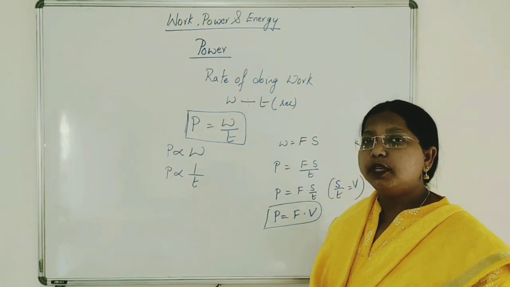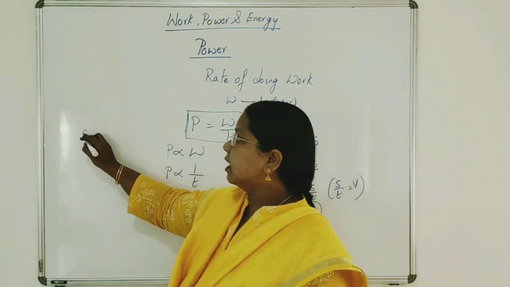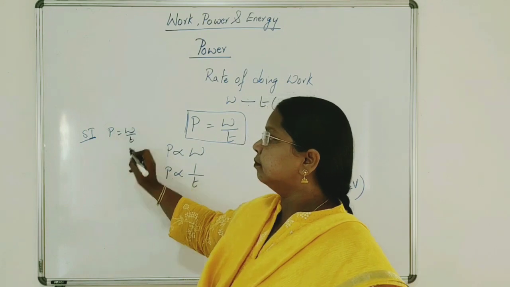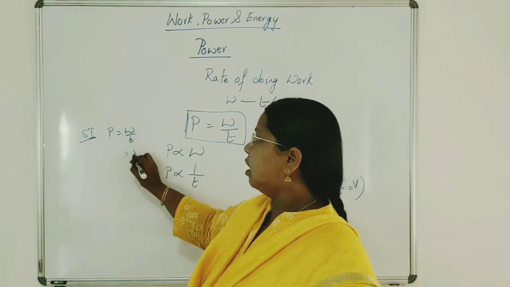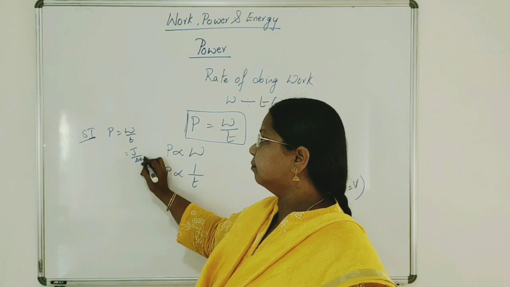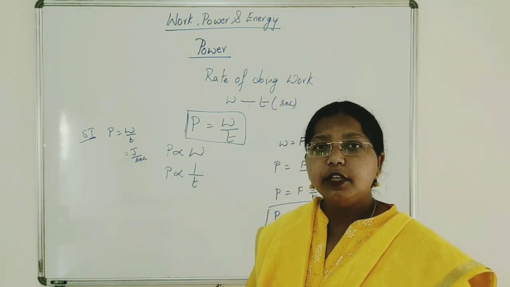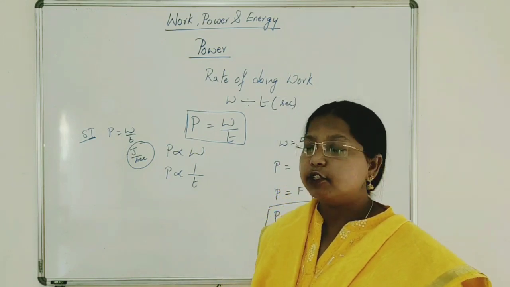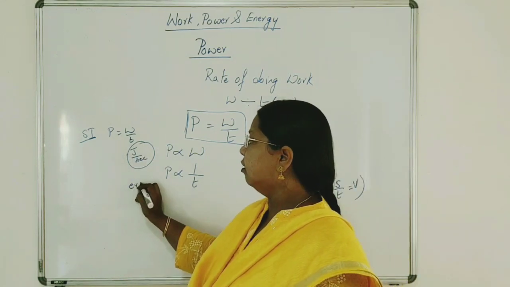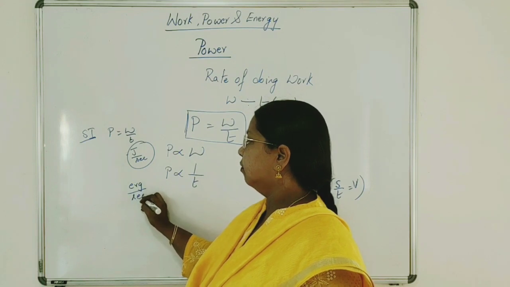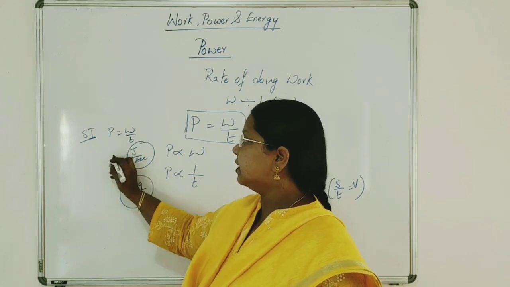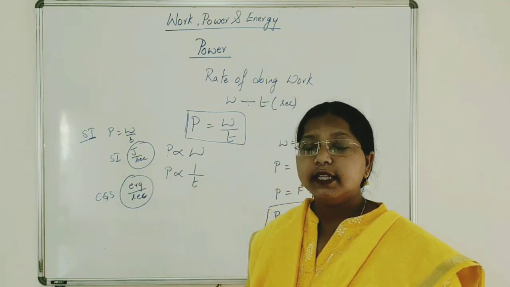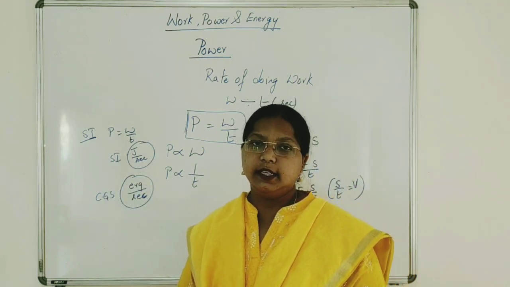Now let us see the units of power. SI units of power. We know that P is equal to W by T. Units of W is joule and T is second. So SI unit of power is joule per second and CGS unit is erg per second.